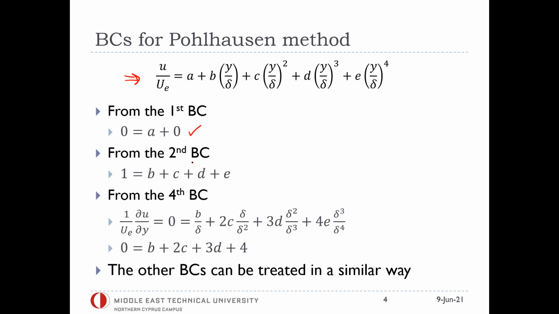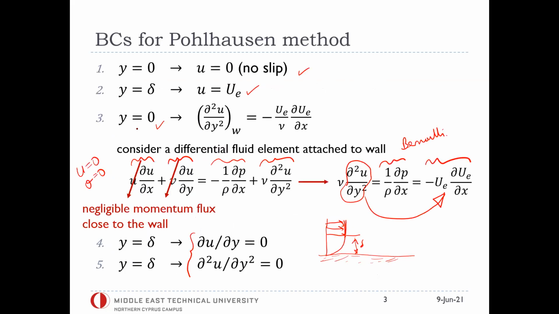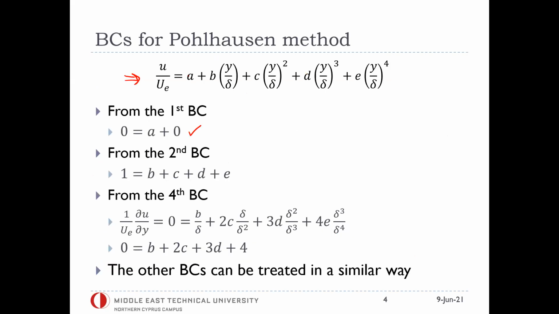But in these slides, not all the conditions are listed, but you get the idea. For example, the fourth boundary condition: at y equal to delta, du dy is 0. So we get the derivative of this function with respect to y, force it to be equal to 0. We get another equation. So this is our third equation between a, b, c, d, and e.